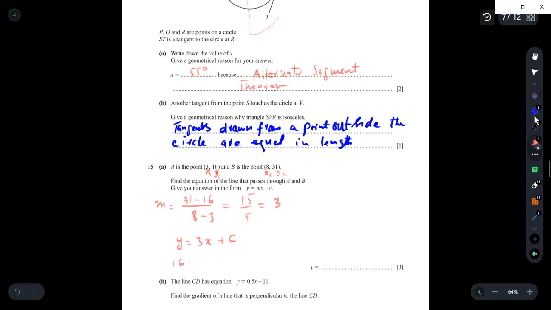From here we can get the value of c. 3 times 3 is 9, so 16 minus 9 is c, because this 9 goes to the other side and becomes negative 9. So c is equal to 7. Finally, we can write the equation y equals 3x plus 7.